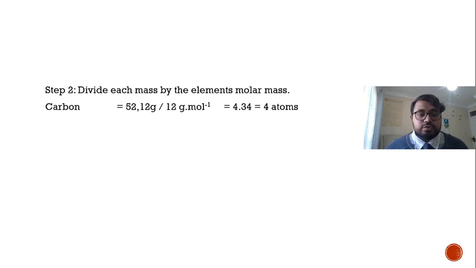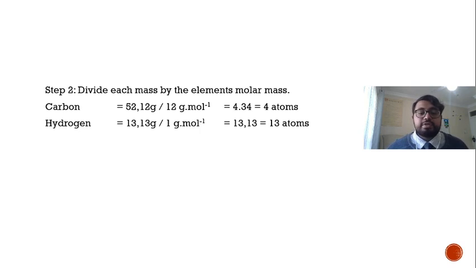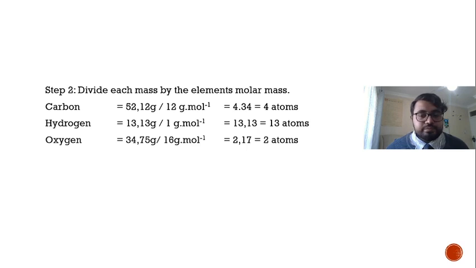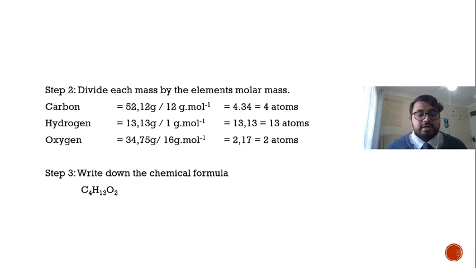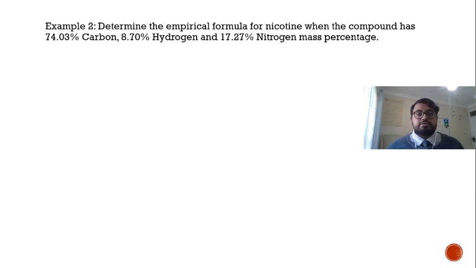Hydrogen is 13.13 and its molar mass is 1, so we get 13 atoms, and oxygen is 34.75 divided by 16, which gives us 2 atoms. When we put this together in our chemical formula, which is our final step, that is C4H13O2.